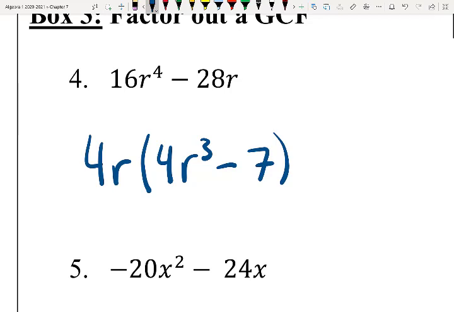If this was a multiplication problem on the quiz from before spring break, you would multiply 4r times 4r cubed, and 4r times negative 7, and you'd get back to the original polynomial. That's basically what factoring with a GCF is: I'm just working backwards from distribution.